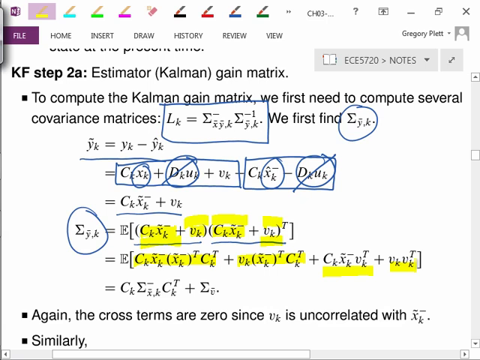And we use the linearity properties, and we use the uncorrelated properties of the sensor noise being uncorrelated with the state, and we get this equation here, which is the same basic form as what we saw in step 1b when we were computing the autocovariance of the prediction error.